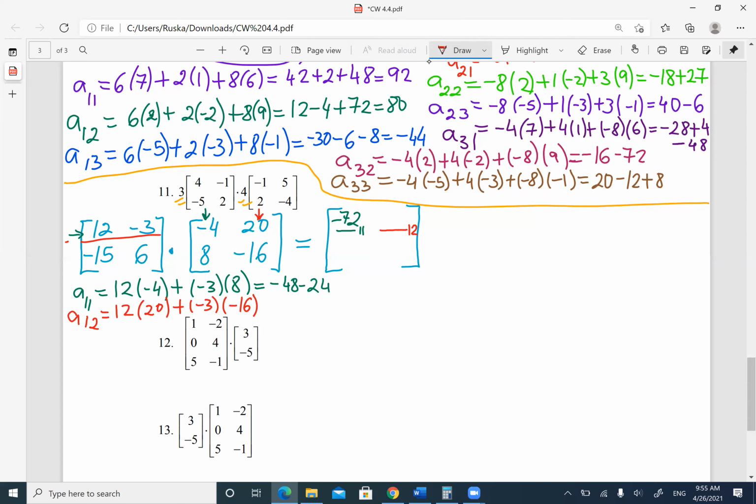So double check, be careful. 12 times 20 is 240. Negative, negative, it's plus 48, right? And when I add those two numbers, it's going to be 288. Okay, everybody so far so good?